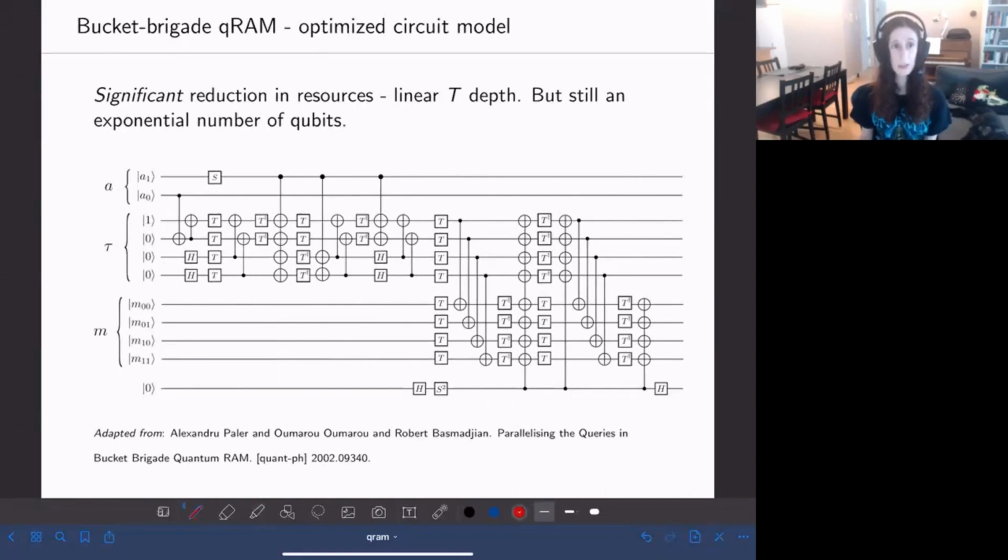So this is what the 2 address qubit bucket brigade circuit looks like when you make that optimization. Now you can see very clearly that the T depth of this circuit is going to be linear. The parallel bucket brigade circuit also had a linear T depth, but we had to bring in a whole bunch of extra qubits to do it. Now you can do it just by taking advantage of this trick with the shared qubit Toffolis.